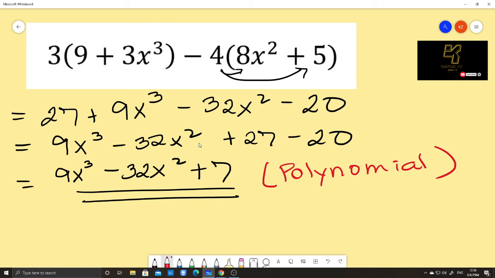In writing this polynomial, make sure that you start with the highest degree or the highest exponent. This one, 3, before you write power of 2. It should be in order, highest to lowest. Remember that. That's the proper way of writing a polynomial. Look at the exponent. Start with the highest.